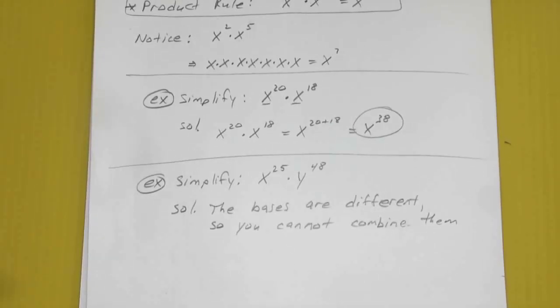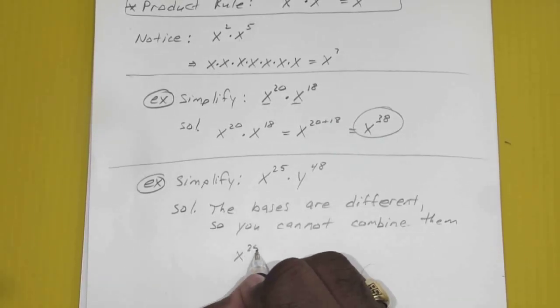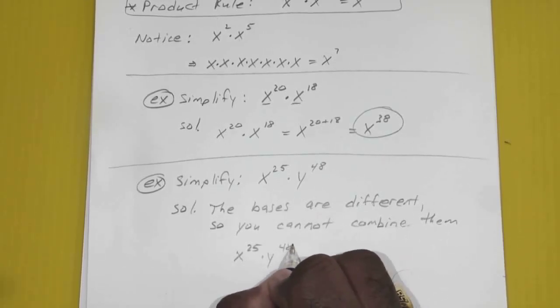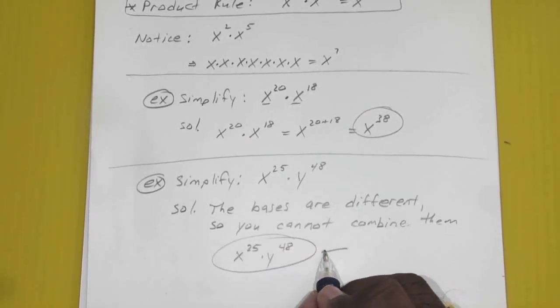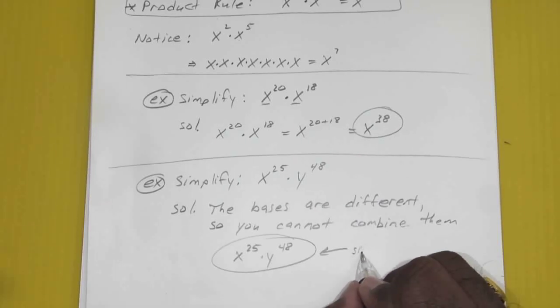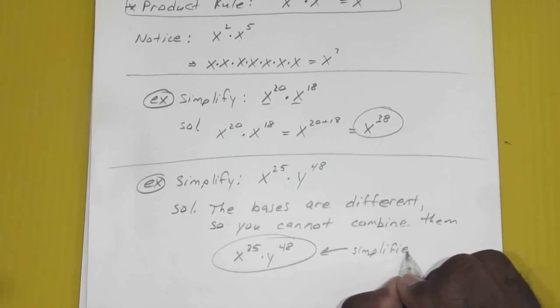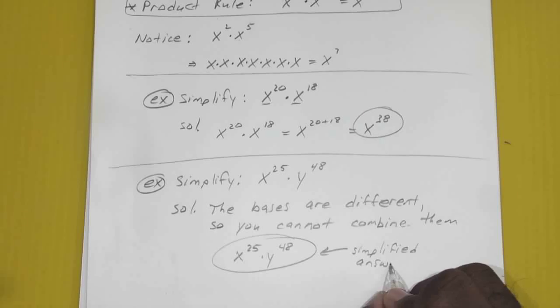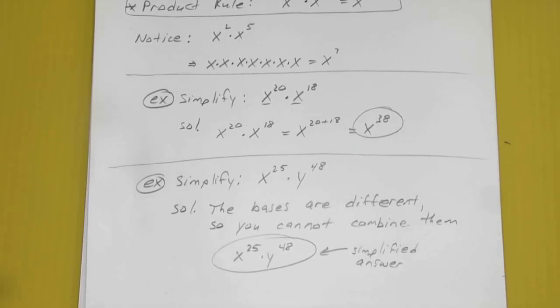So your simplified answer for this one is just x to the 25th times y to the 48th, since you can't do anything else with it. All right. Any questions on that one? All right. Leave that up for a second.